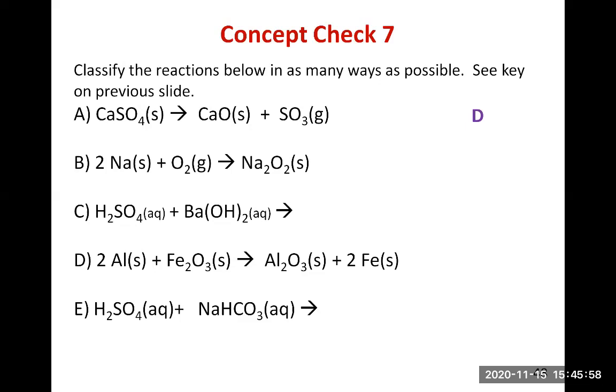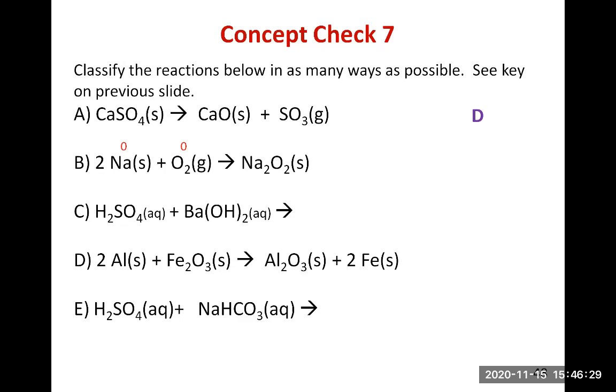2Na plus O2 gives Na2O2. So we can see here we have the addition of oxygen. Oxygen is one of the reactants, so that implies that it's a combustion reaction. Let's look at the oxidation states. Here we have sodium and oxygen, both in their natural state, so with oxidation states of 0.